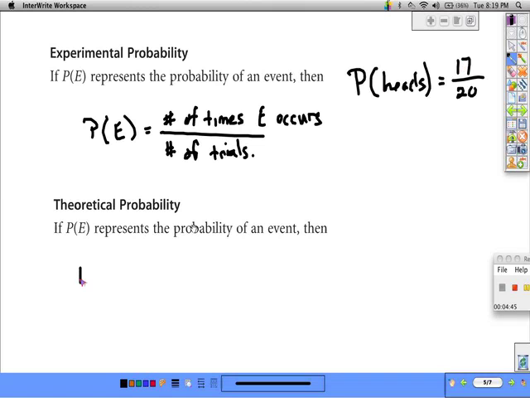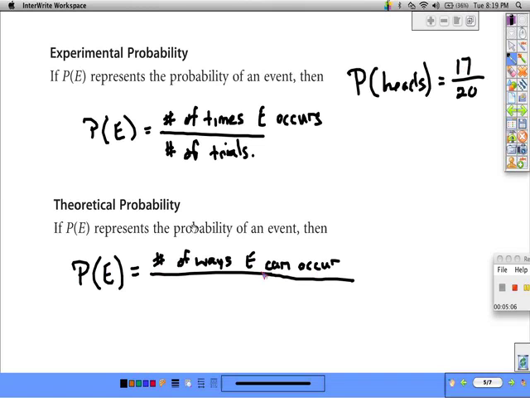The theoretical probability of any outcome E is found by taking the number of ways E can occur, can being the operative word here, as opposed to maybe does occur up in the top one, divided by the total possible outcomes.